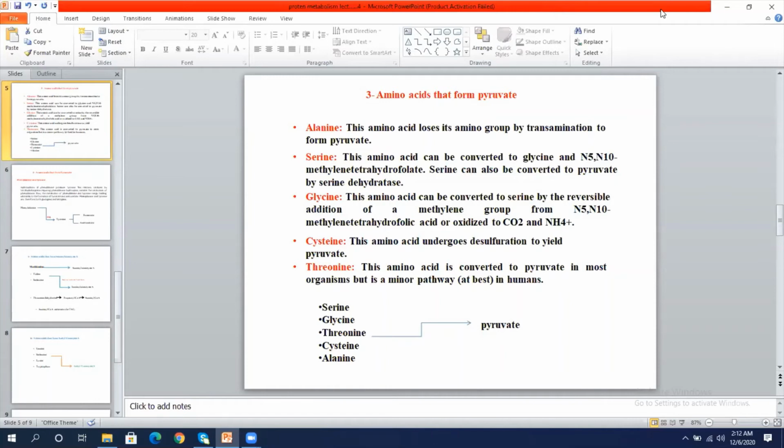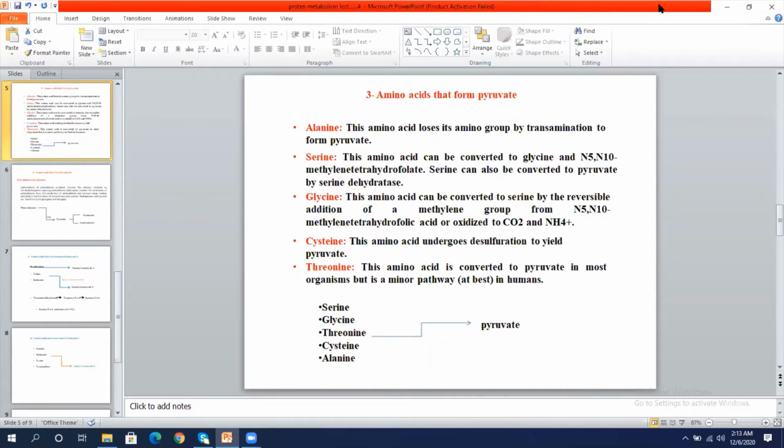Similarly, serine can be converted to glycine as an intermediate compound, and finally it is converted into pyruvate by serine dehydratase. Glycine can be converted to serine by reversible addition of a methylene group, or oxidized to carbon dioxide and ammonium.